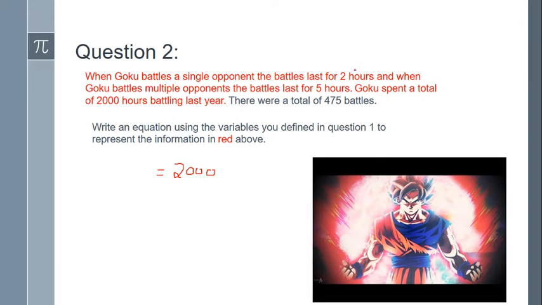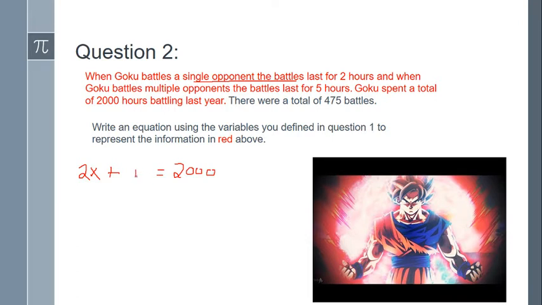So if X represents the number of single opponent battles, to figure out how many hours total he spent battling single opponents, I would take 2 times the number of single battles, because that gives me the total number of hours he spent battling single opponents. Then I would add that to the number of hours he spent battling multiple opponents.